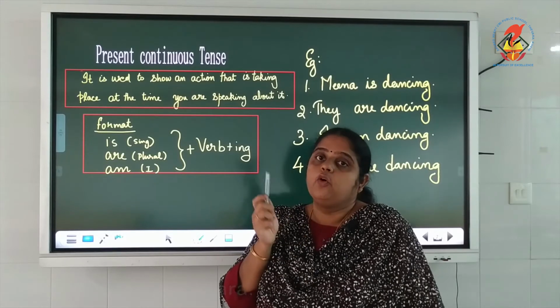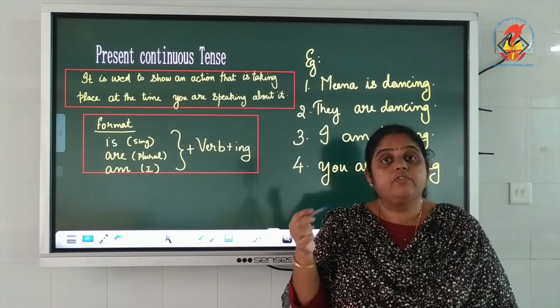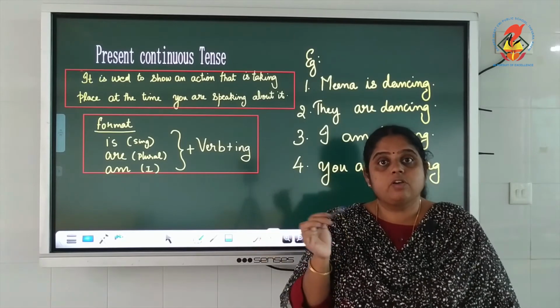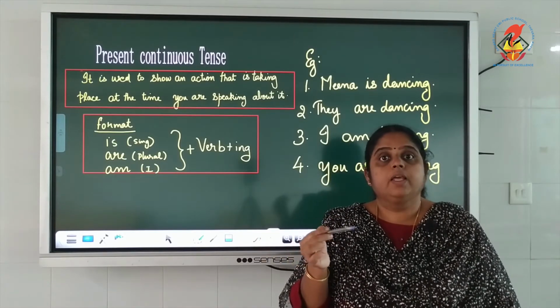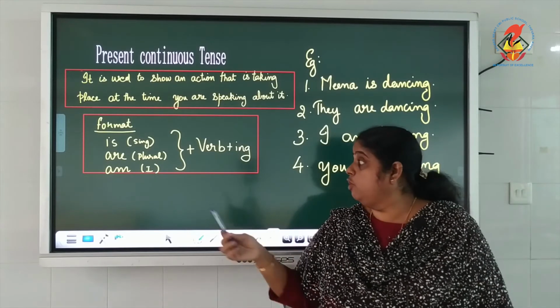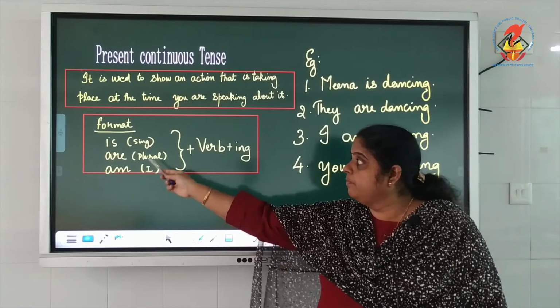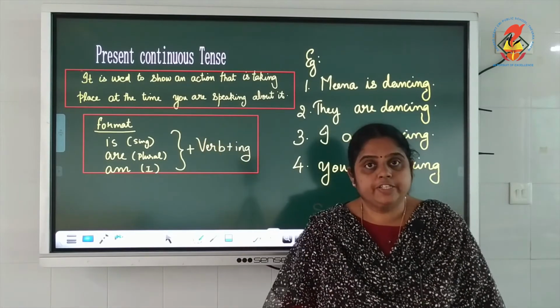So I told you, the only thing that we can change in a sentence is the verb. There are different forms. We can add s or es to the verbs to form simple present tense. We can use the ing form of the verb to form the present continuous tense.